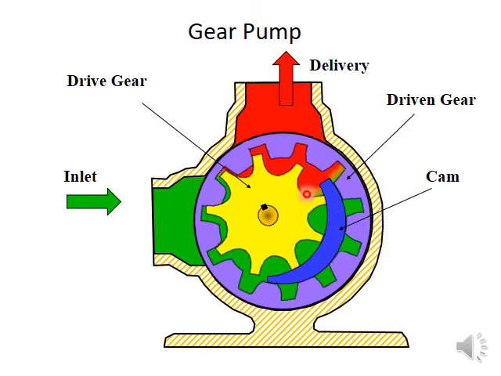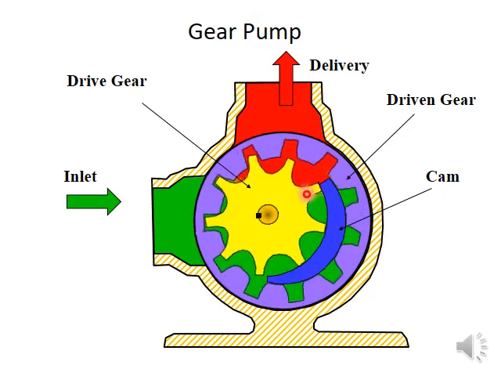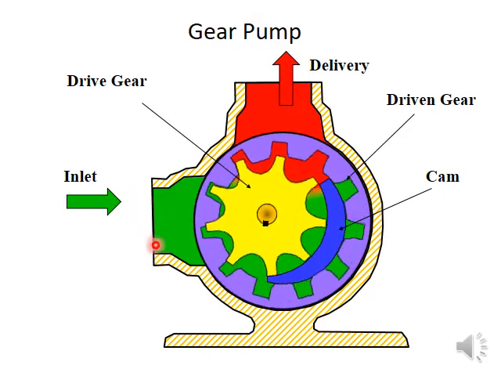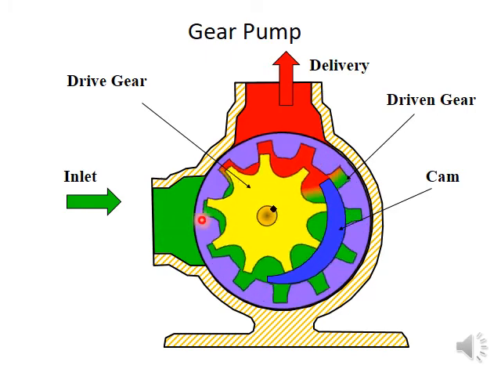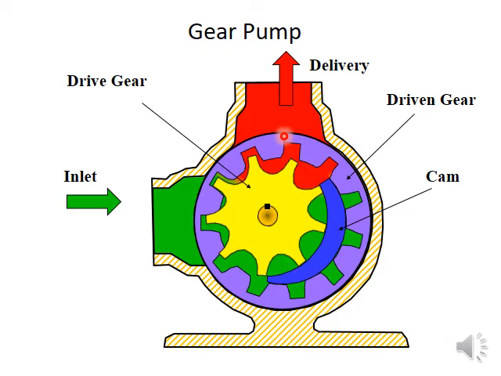You can see green color shows the low pressure inlet side and red color areas show the pressurized flow leaving the gear pump.